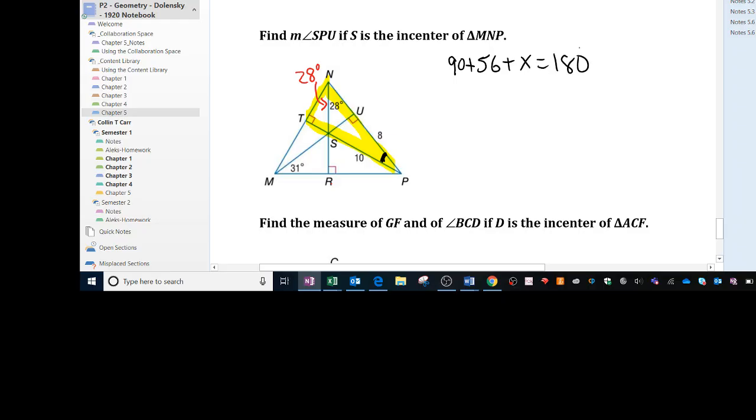So the sum of all the angles is 180. So we get 146. So we're going to subtract 146. And we're going to get that x is 34 degrees, or the measure of angle SPU is 34.